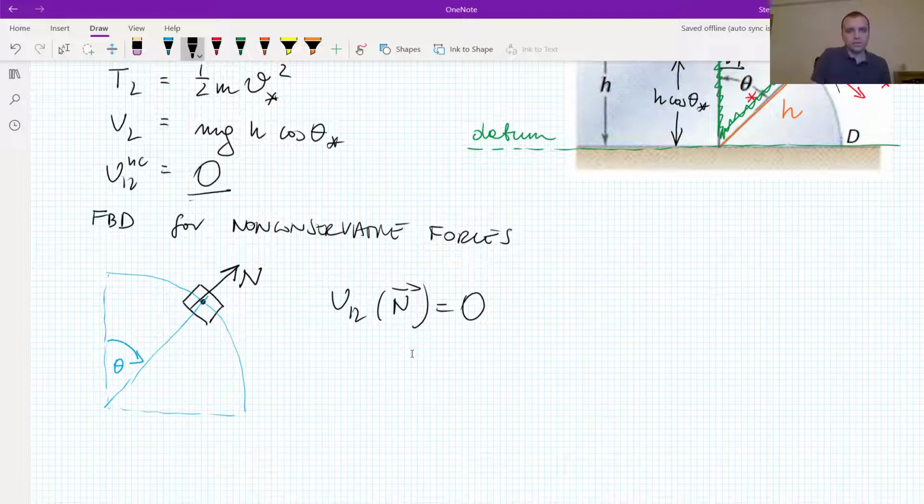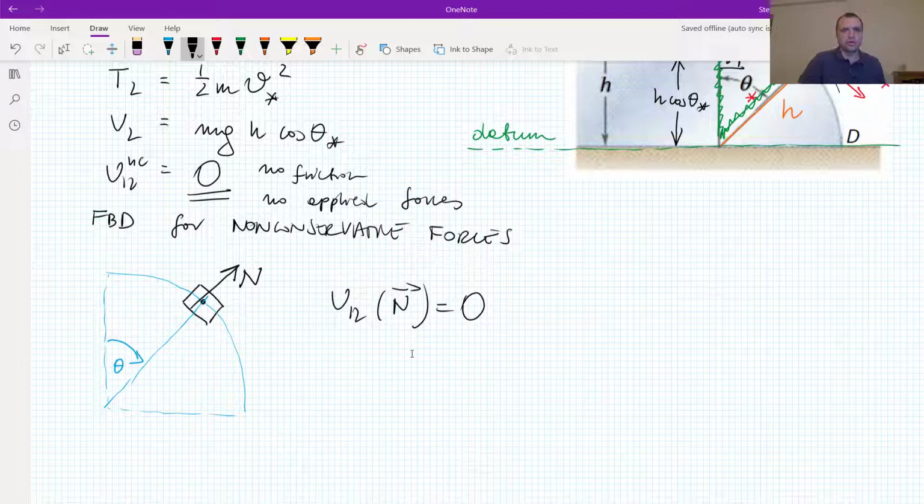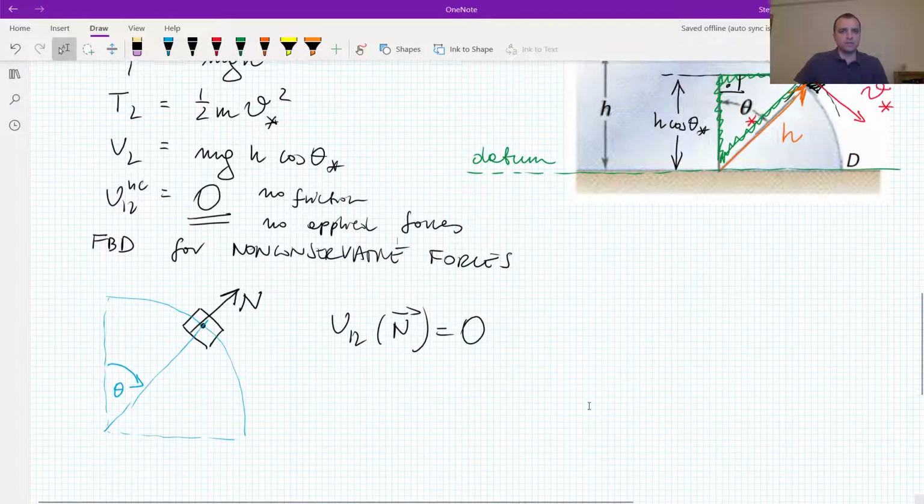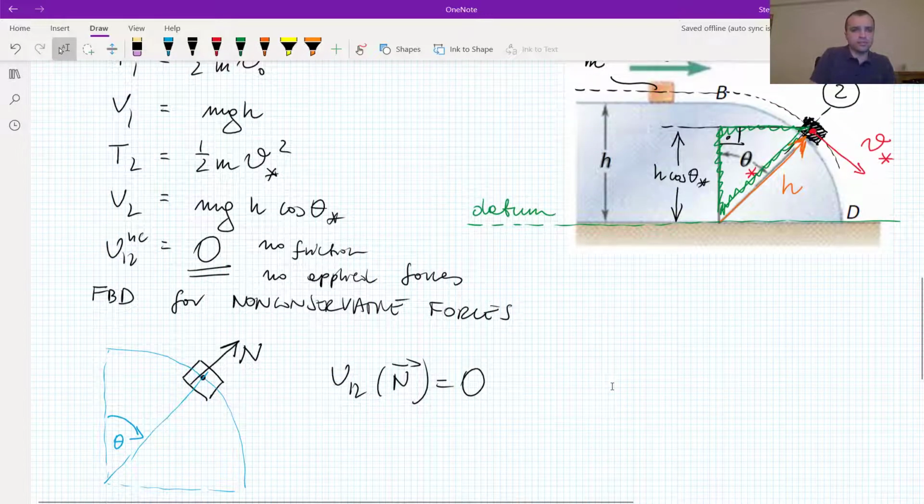That's why our work here is 0, because we have no friction in the system, and there are no applied forces acting on our body. Okay, so it seems like we have 100% of the problem done.